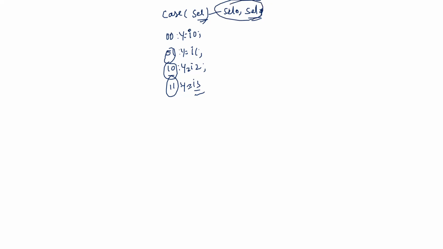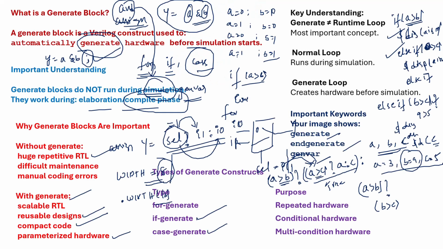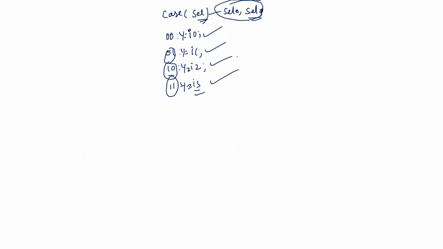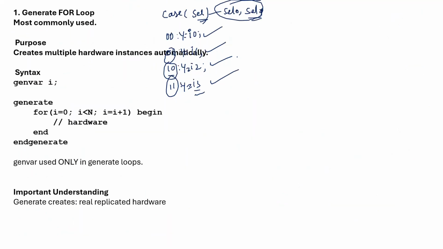With a single select value condition, I am choosing multiple values. If I want to repeat the same type of circuit many times, what is the condition? Case generate, we are using that. Same thing, generate for loops. I told you, generate for loops.